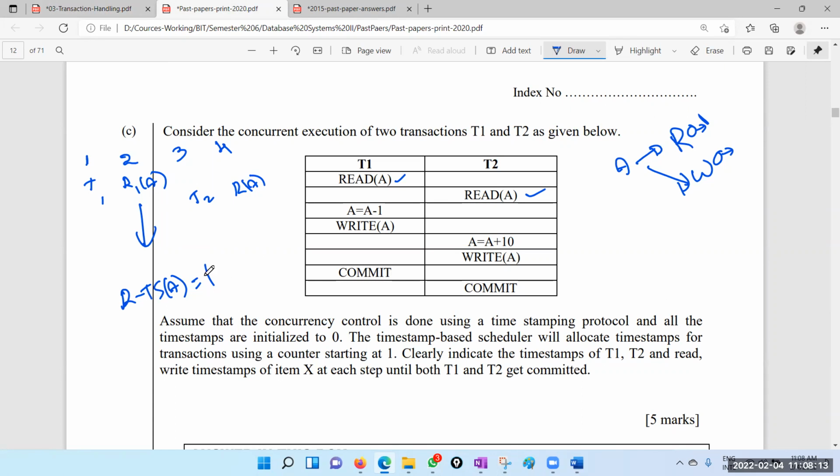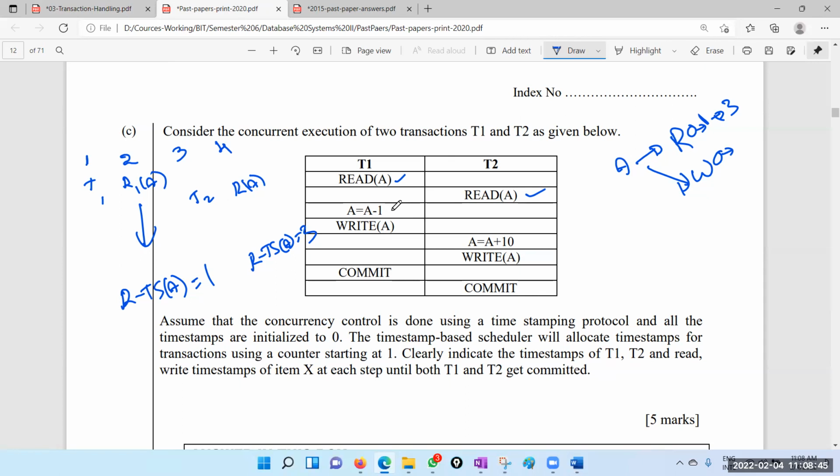So therefore, the read timestamp of A is now 3, because your transaction time is 3. Now this is not 1, it is 3. The read timestamp is 3 according to our convention, because that is where transaction 2 started. Transaction 2 has read it. The timestamp of transaction 2 is the read timestamp of A now.